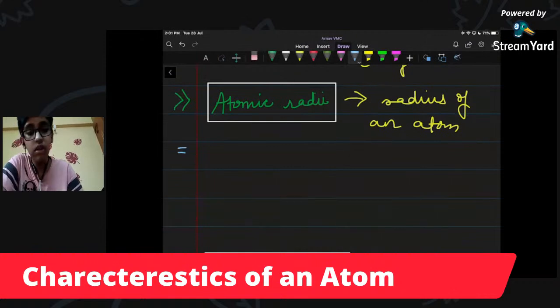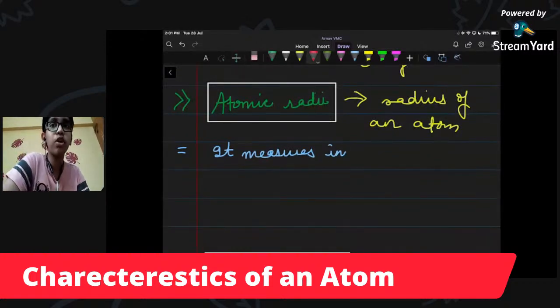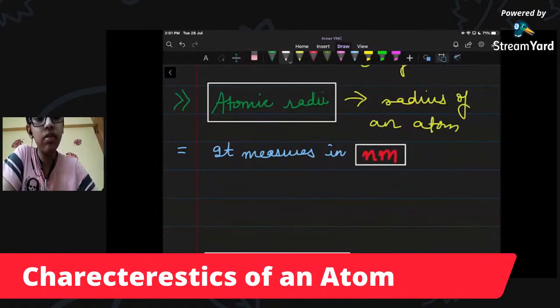It is measured in, and this is very important, what is the symbol of measurement of this? It's nm. Many of you would ask what is nm. nm is nanometer.